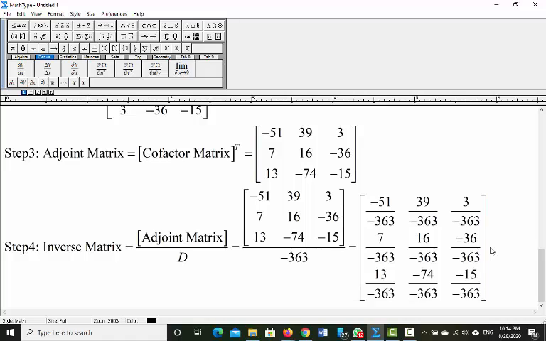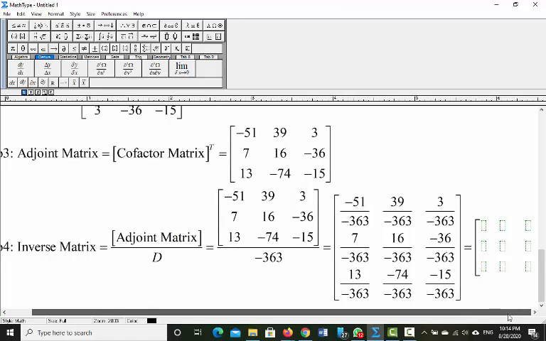Right. So what we will have is equal to, now let us divide all this and write the answer. Here, minus and minus will cancel each other out.